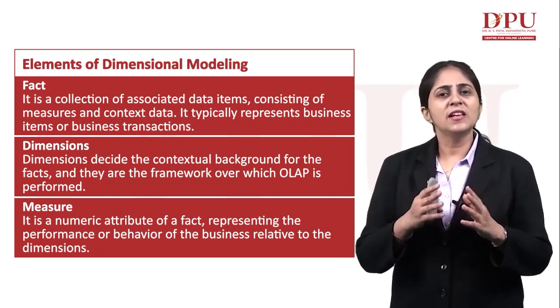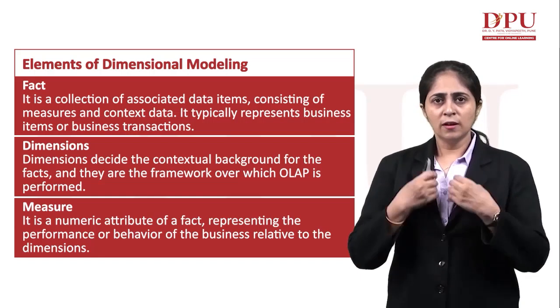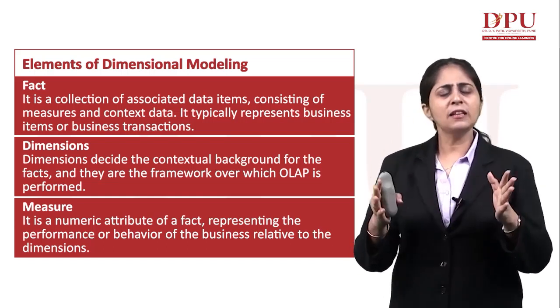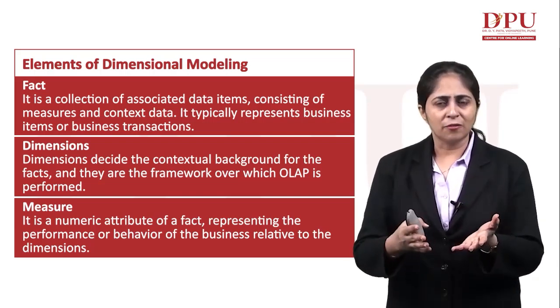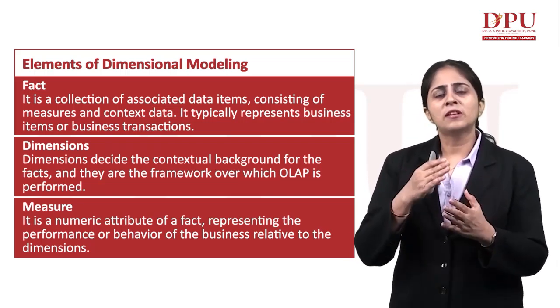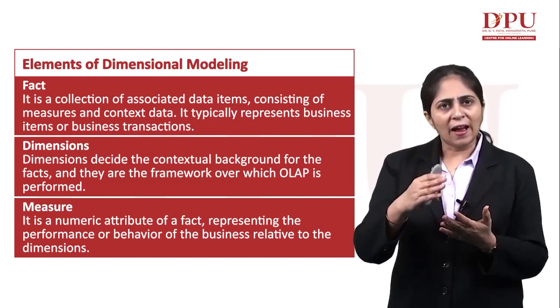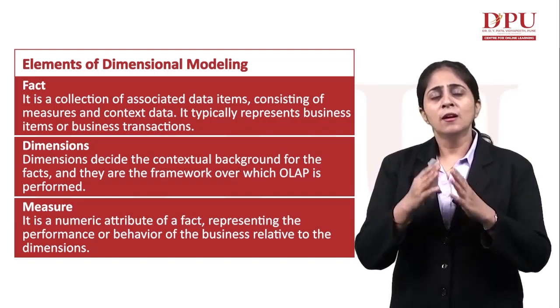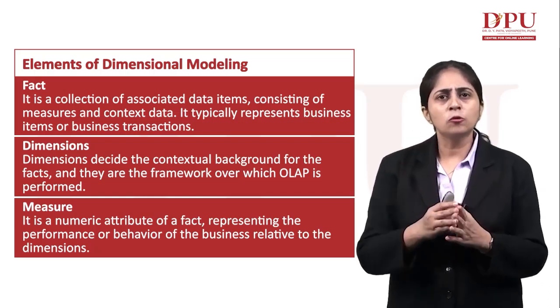So these are the three basic elements of our dimensional modeling whenever we want to see our data in the form of dimension from a different perspective. In that case, we can use dimensional modeling. And these are the three important terms: fact, dimension and measure. You should understand this.